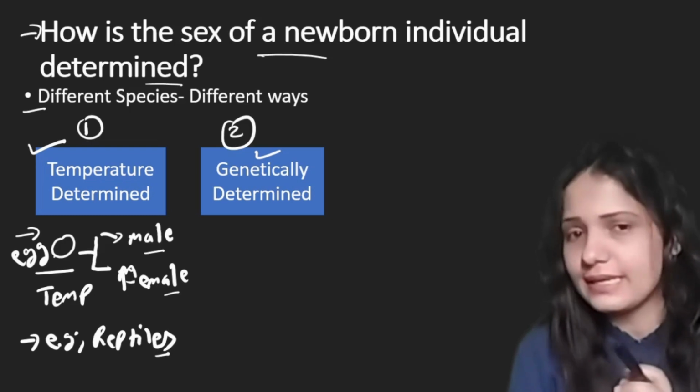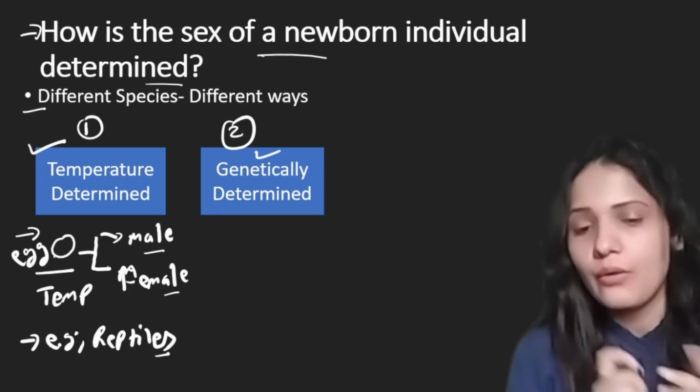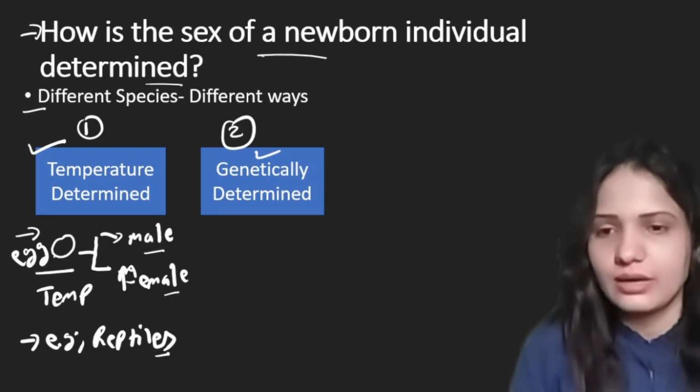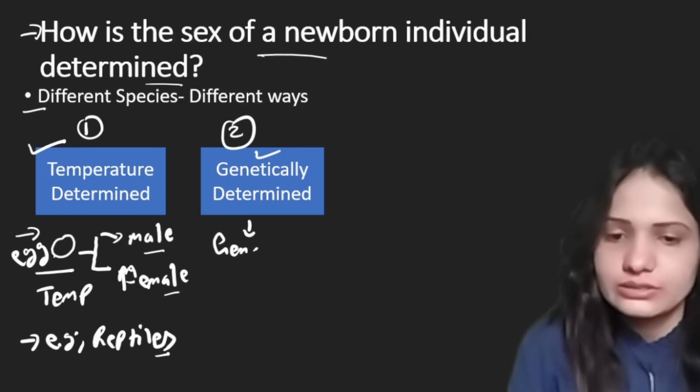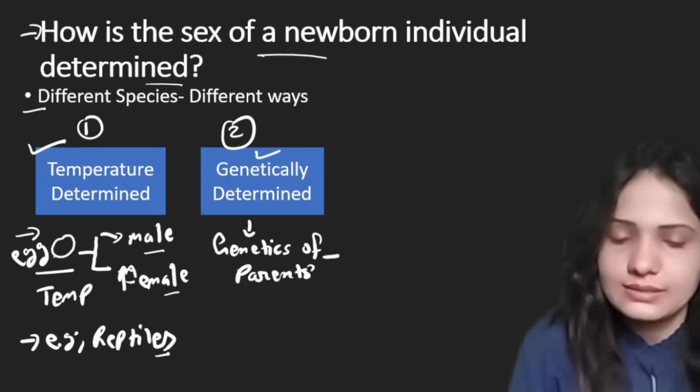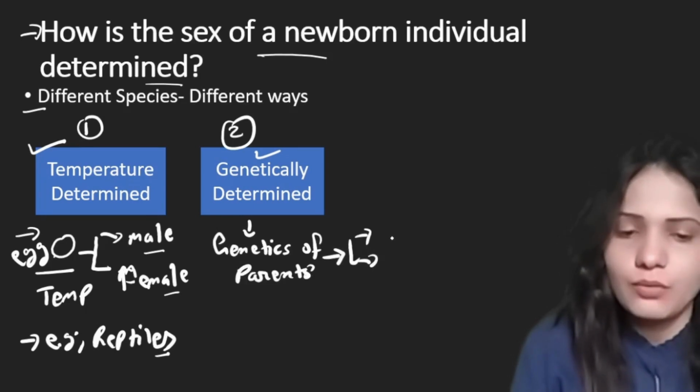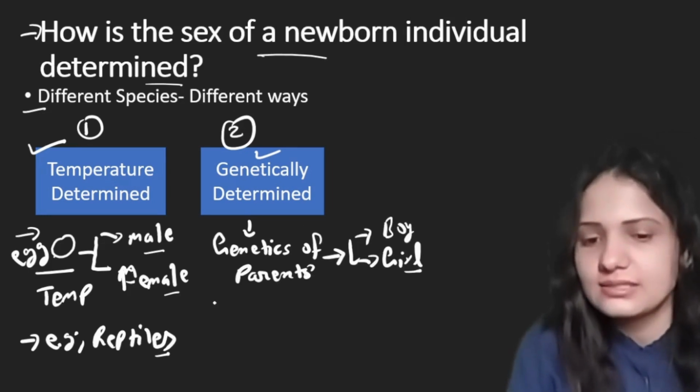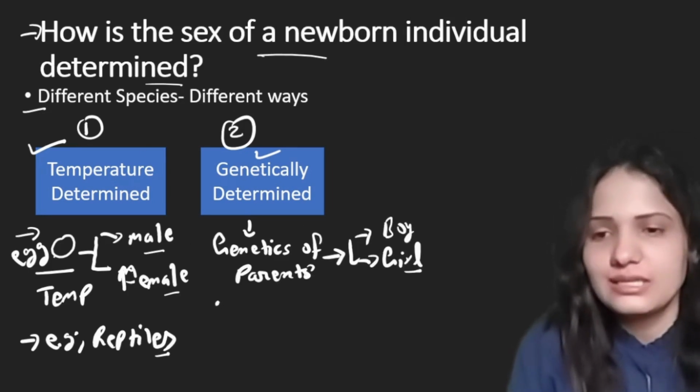Now in the second case, in case of genetically determined, what happens? The genetics of parents will decide whether the newborn will be a boy or a girl, and this genetic sex determination is seen in human.